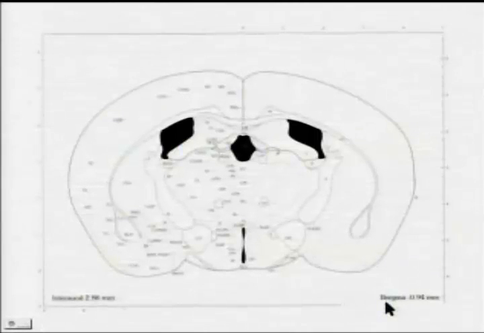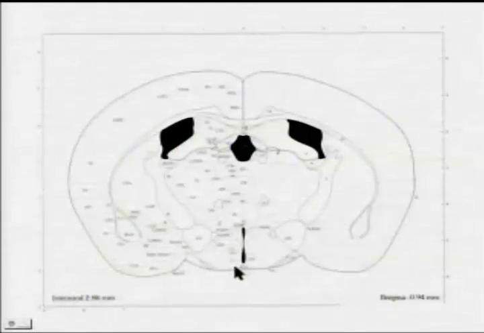We note, as a stereotaxic atlas, there are numbers for dorsal-ventral and medial-lateral coordinates, but also the anterior-posterior rostral-caudal coordinates here measured from Bregma. I'll draw your attention to this. This is at the level of negative 0.94 millimeters. We'll see another level, the level of the arcuate nucleus or the median eminence in a moment, and I'll remind you of the distance that we've traveled from this level of the paraventricular nucleus to that level of the median eminence.